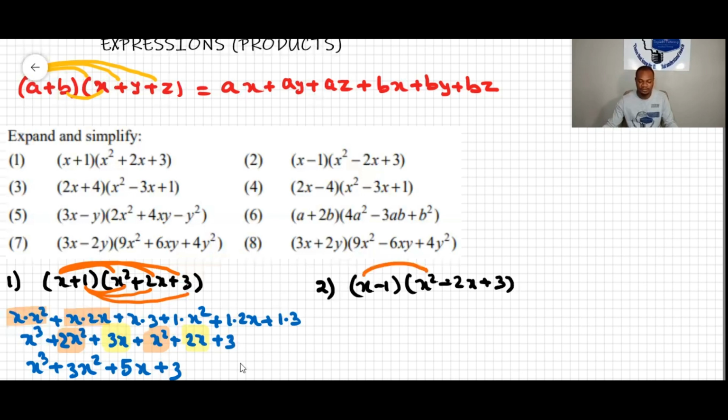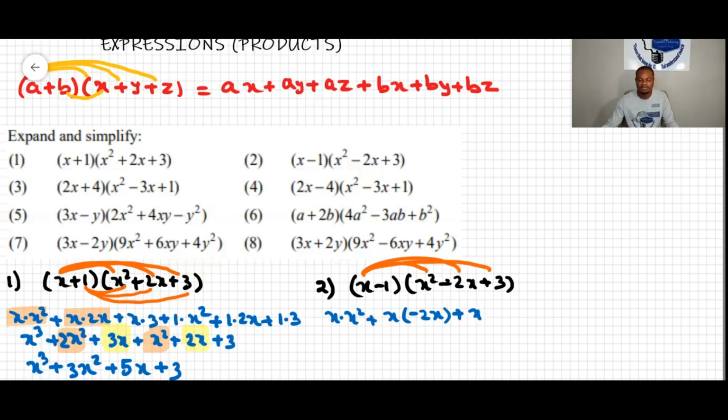And then we do x times negative 2x. Whenever we multiply by a negative, we use brackets to avoid mistakes. And then we do x times 3.